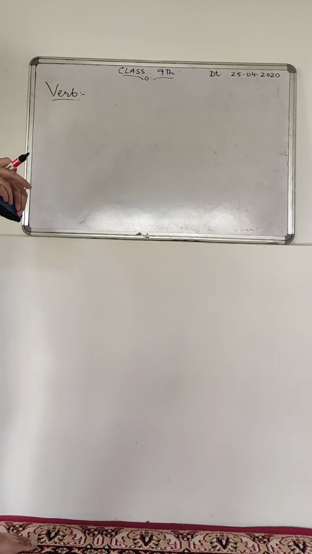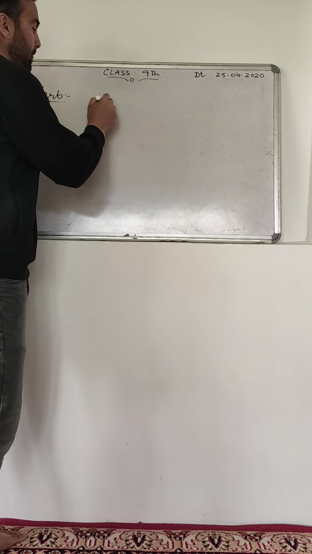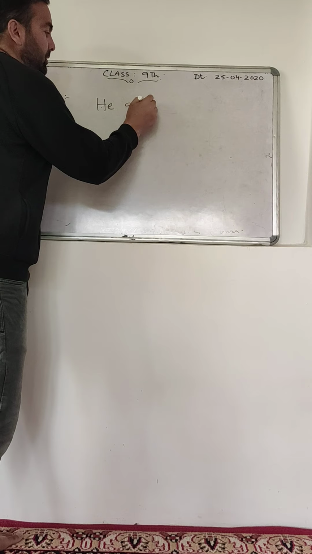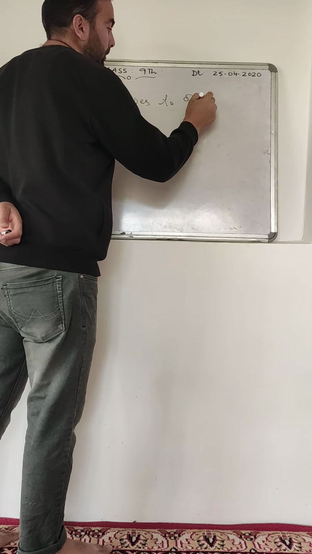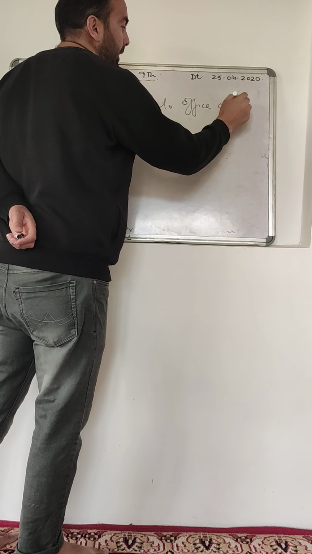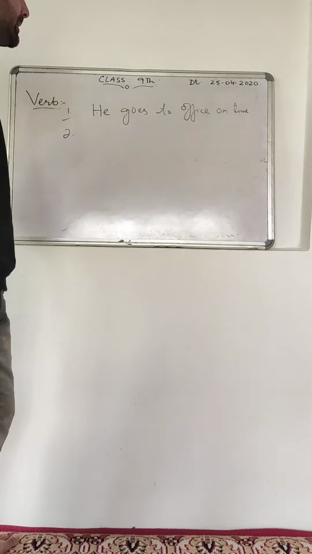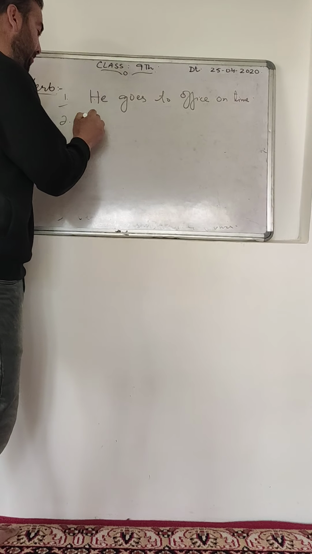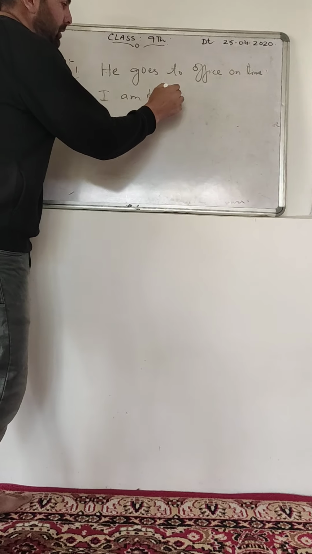To understand more about a verb, let's go through some examples. For example, he goes to office on time. I will quote a few examples here. I am playing cricket.